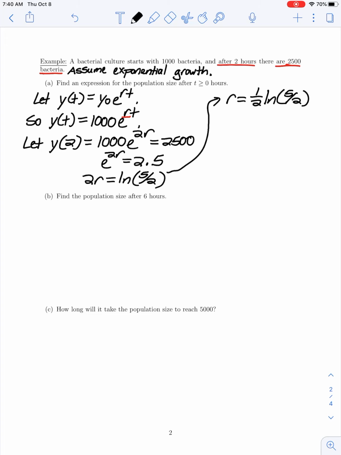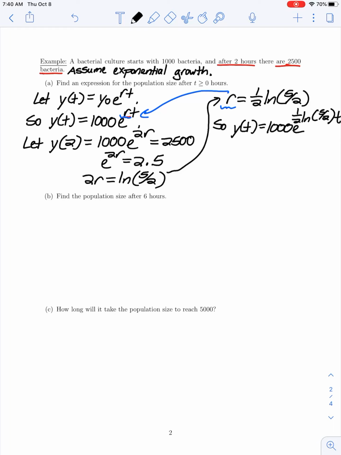So once we have this value for r, we can take that value and substitute back into the general expression that we had for our population size y of t. So we find that y of t is given by 1,000 times e to the r, which was 1/2 the natural log of 5 halves, t.